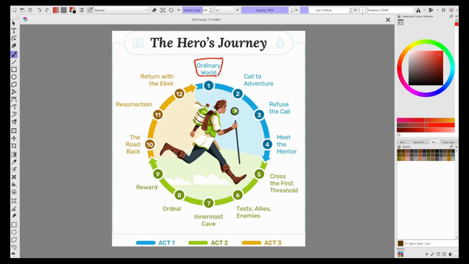Next, we have the call to adventure. Now, this is where, for example, in a fantasy story, the farm boy finds out he's not really a farm boy and he must go on some great adventure. It's where your character is supposed to be pushed into a new world.